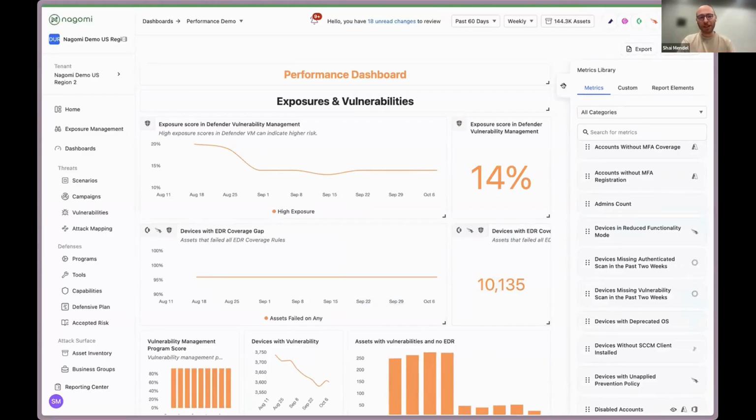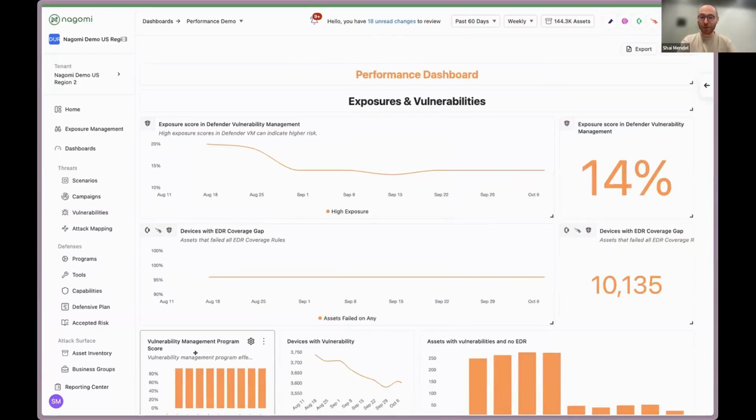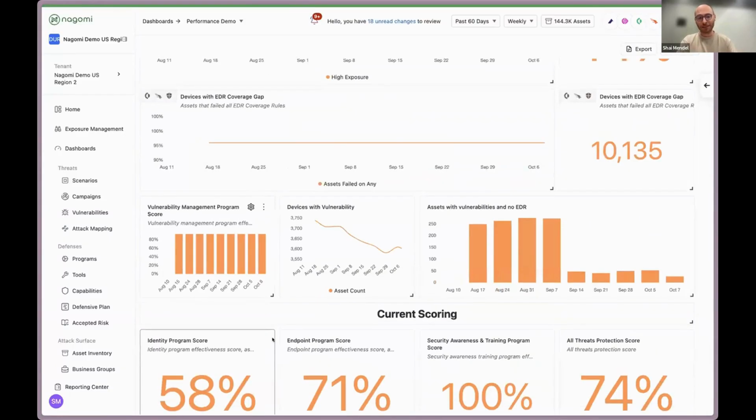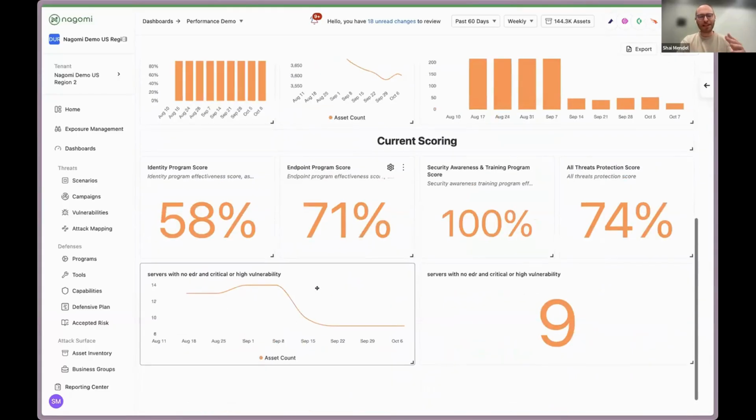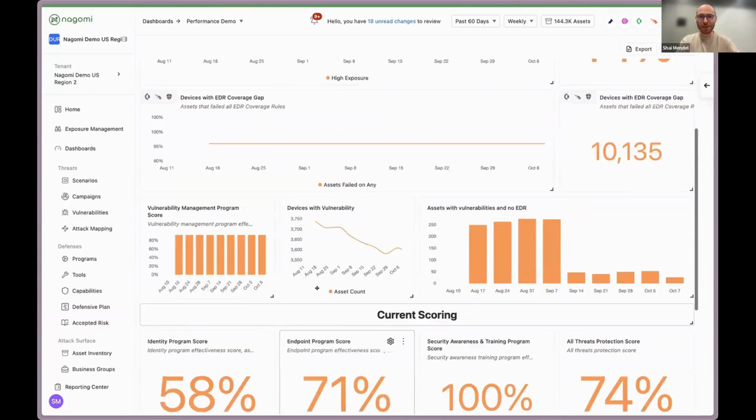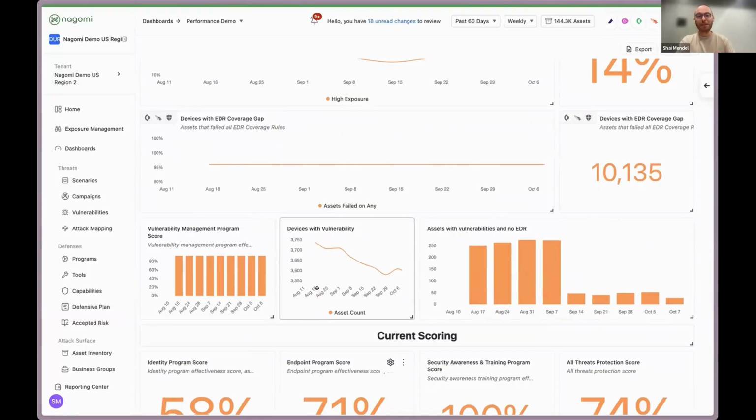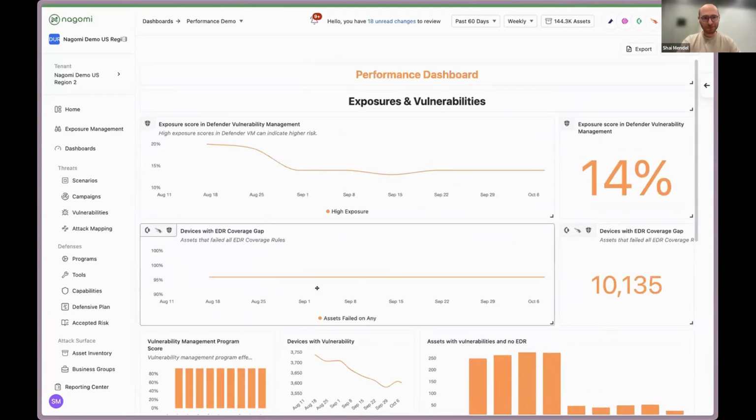But it also contains unique types of metrics, like program scores and threat effectiveness scores. And you can also use Nagomi's exposure lens to create simple, but conceptually complicated queries about toxic combinations of some sorts. Awesome. So this should help you track and understand how effective you are.